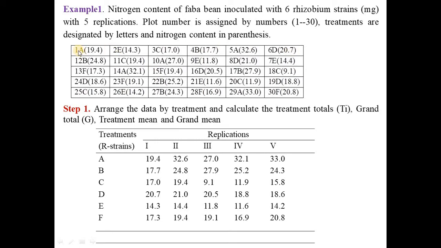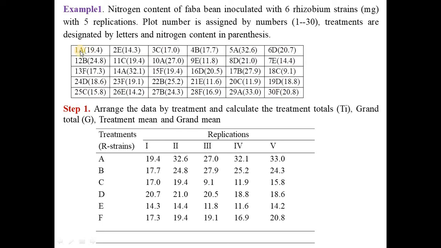For example, this box is designated as 1, and the next 2 up to 30. Those boxes are considered experimental units, and the values from 1 up to 30 are given as the number of experimental units. So in general, we have 30 experimental units.